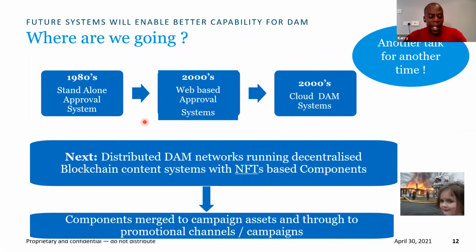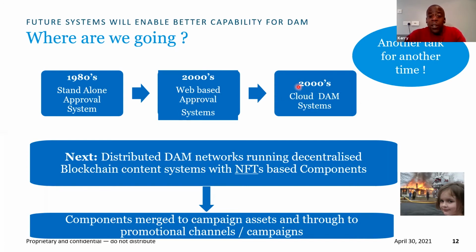So as we get to future systems, that's a talk for another time because I know we're running out of time. In the 1980s, standalone approval systems, your Zincs and your paper systems and your filing cabinets and your Lotus. In the 1990s, your web-based approval systems, but of course working off one server somewhere.